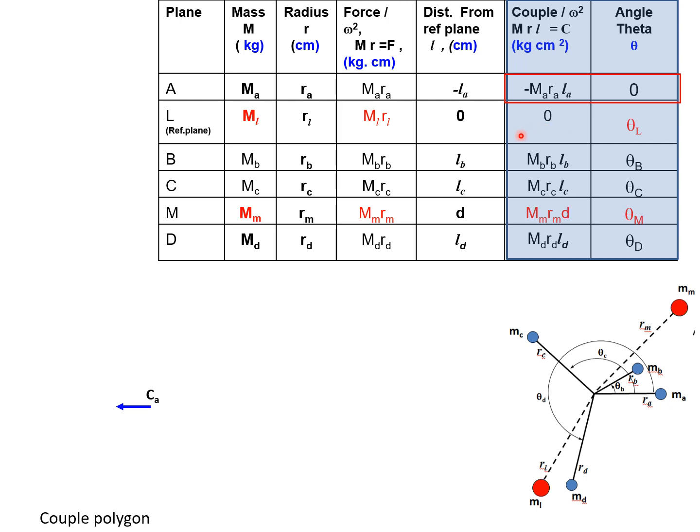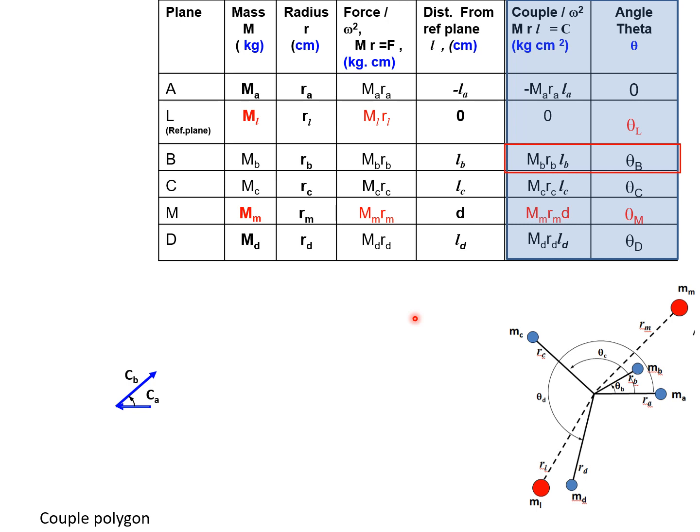We go to the next, MBRBLB at angle theta B. So we recollect our procedure of drawing the vector. To draw the next vector, we have to use the arrow of the previous vector as a reference. We take the horizontal line as a reference and measure the angle in the counterclockwise sense. The length will correspond to the value MBRBLB.